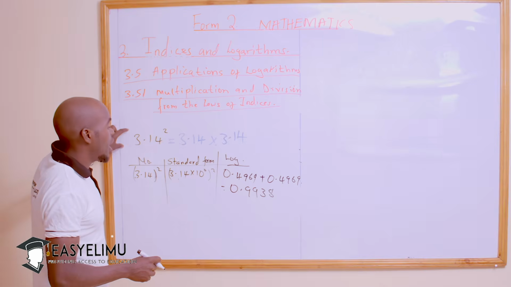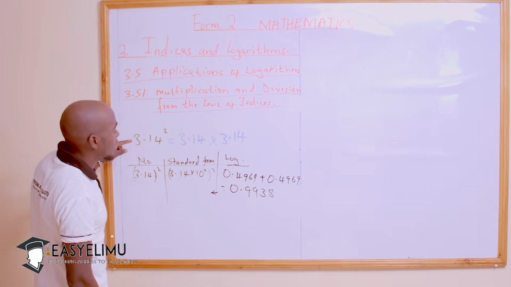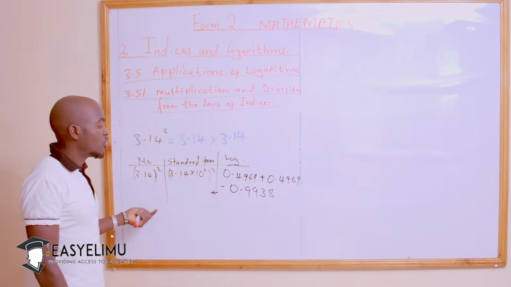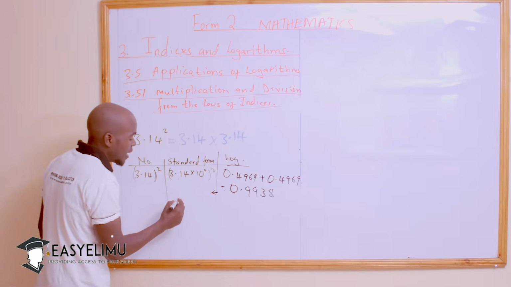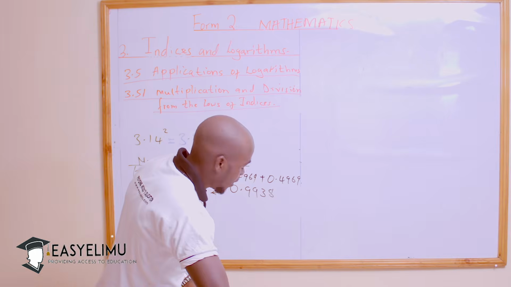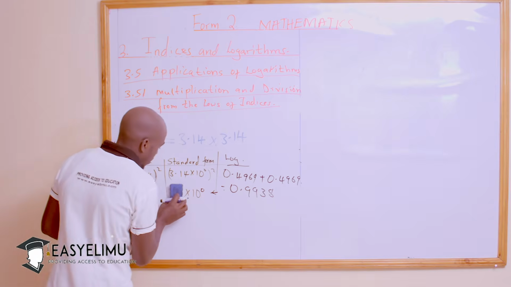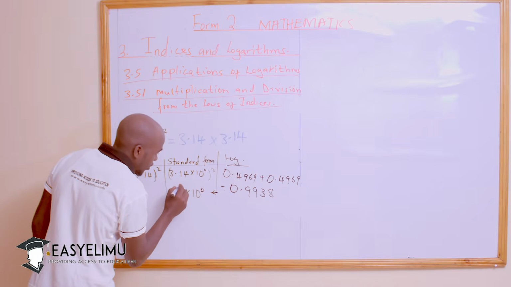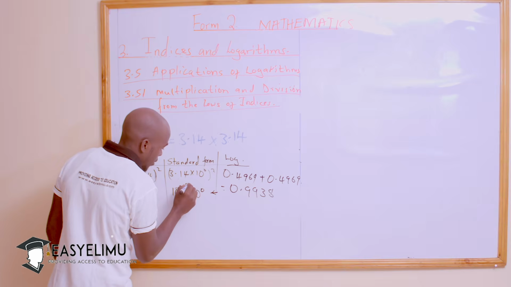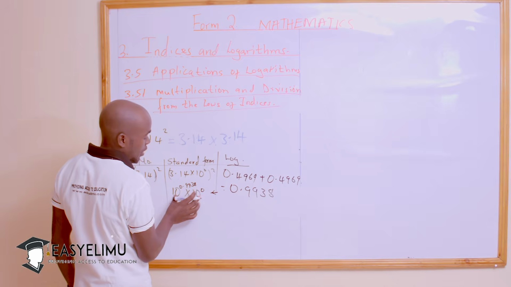And if that is the logarithm there, you can go back and find the anti-logarithm of this number such that you will find the number which is here. So after finding this, you can find a number x in this form: 10 raised to 0.9938. The logarithm of this number, you will find this.